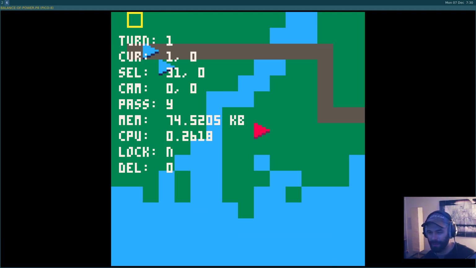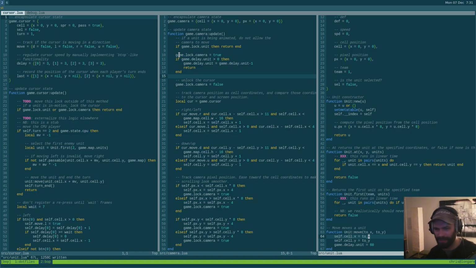We need one more pause when the CPU makes its turn. So there's a pause, then he moved, and then there's next frame, we're back to our guy. Let's see that again. We want him to pause after he moves too. So again, let's just do this the horrible, horrible way.